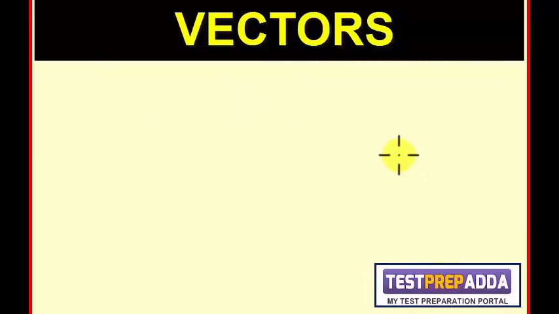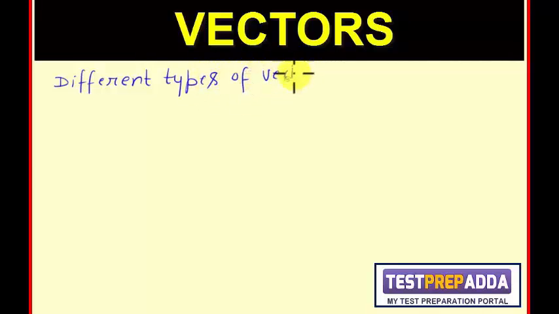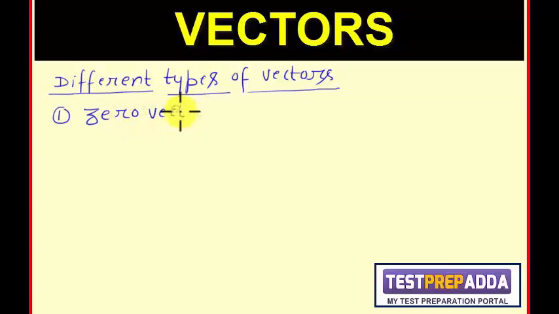Now I will tell you about different types of vectors. First is zero vector, or I say null vector.